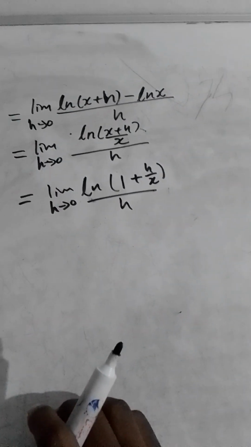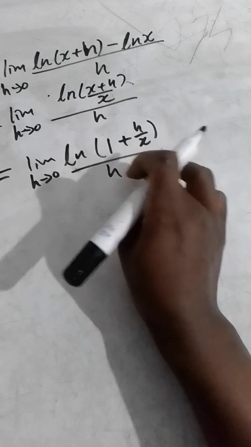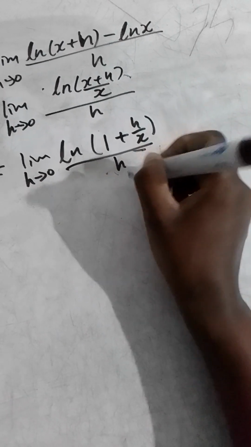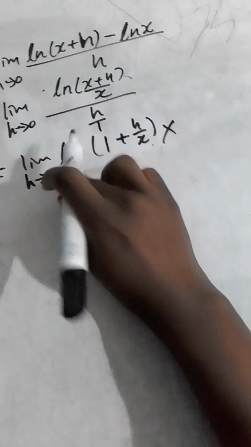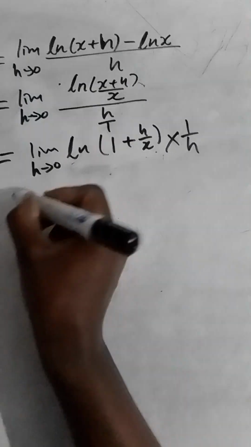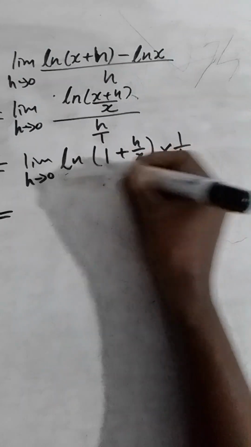Or we can just leave it like this, over h. Or rather, let's say it's h over 1, and then let's multiply here by 1 over h. Yeah, if we do that, that's fine. It's a bit of a trick, rather.